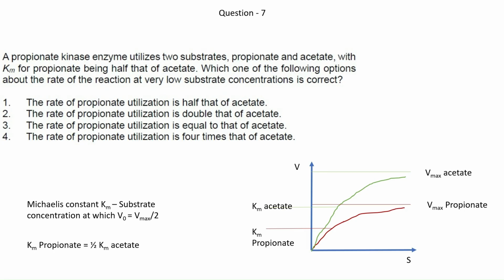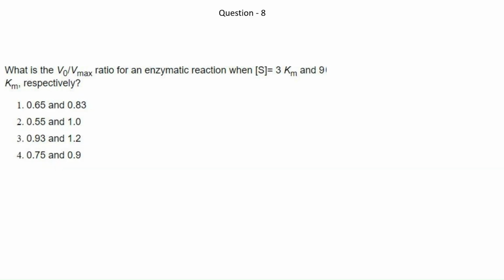So the correct answer is option 2. The rate of propionate utilization is double that of acetate. Now, coming to the final question.